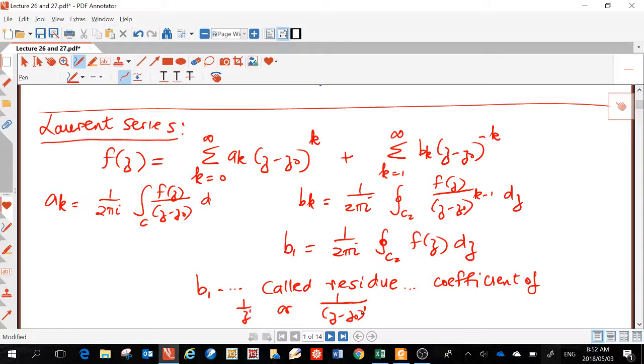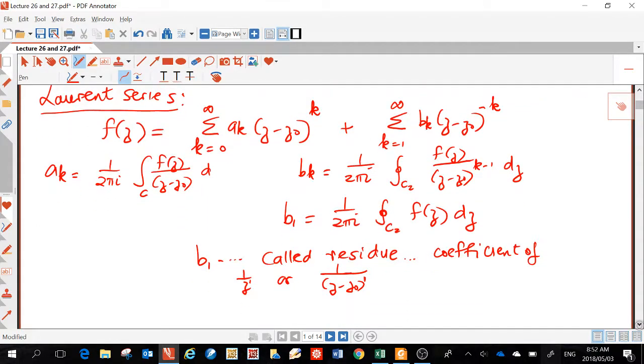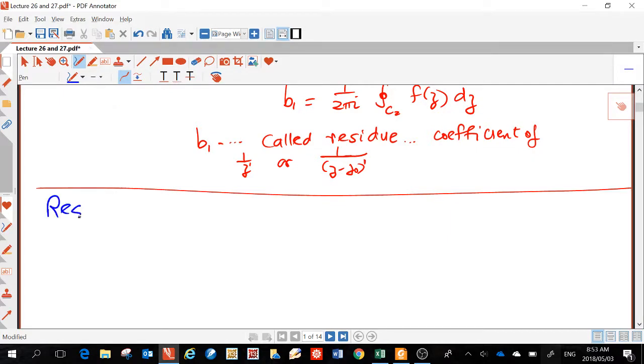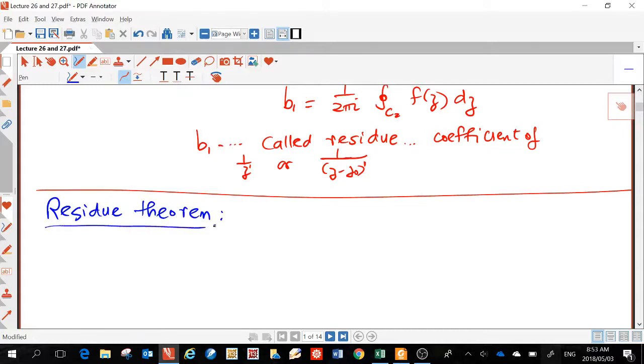Now, finding the residue is a story. I'll come to that now, but let me just write the residue theorem to clinch this last part here. So the residue theorem is stated like this: the integral of some function f of z dz, where the function is holomorphic except at a certain finite number of points, z0, z1, z2, whatever it is.